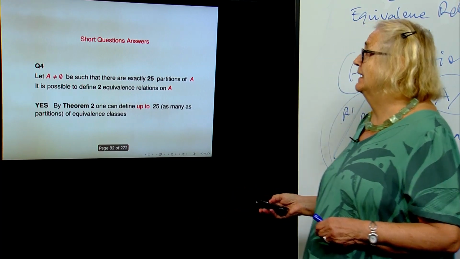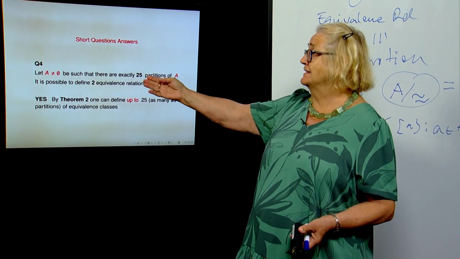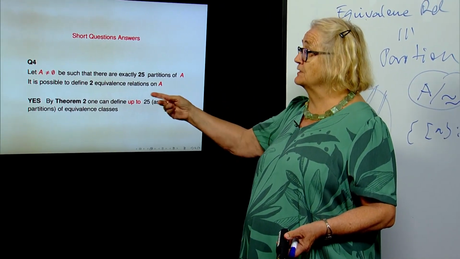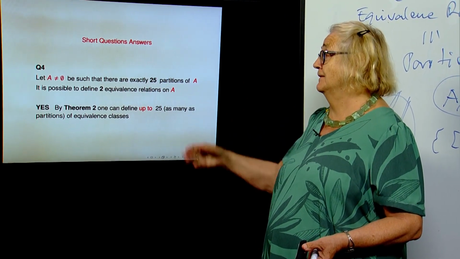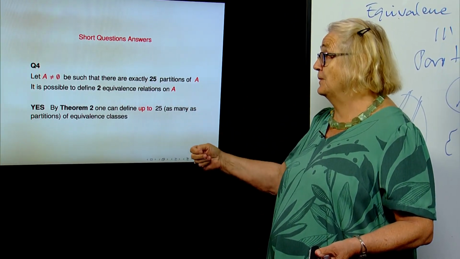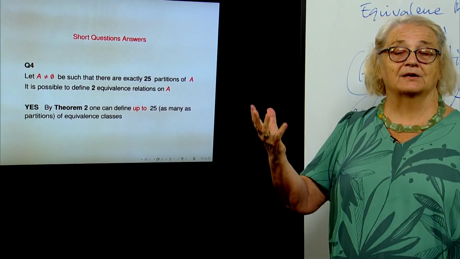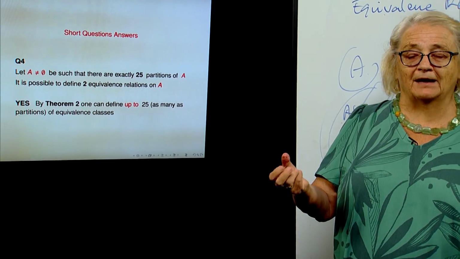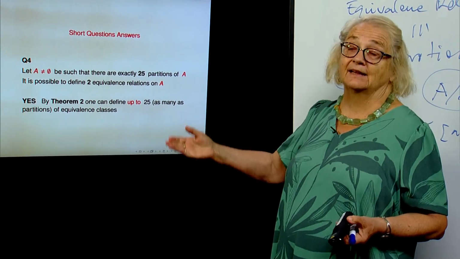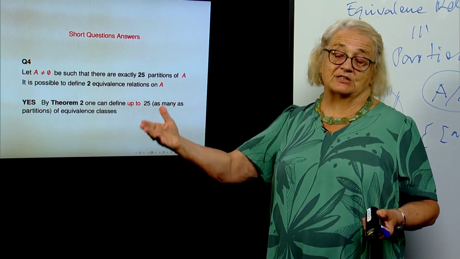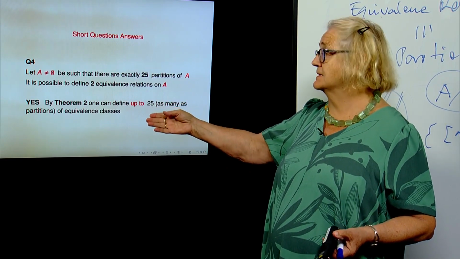So, for example, let A be such that there are 25 partitions. It is possible to define 2 equivalence relations on A, because the theorem which brings equivalence relation and partition together says that if you have an equivalence relation, you can define as many as there are partitions.